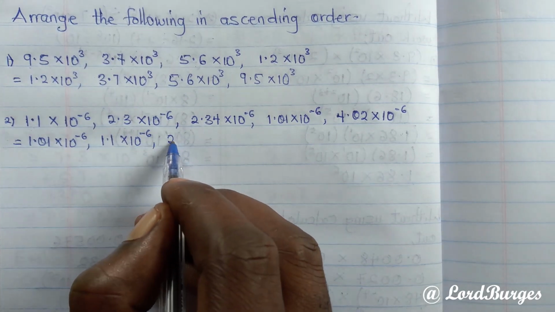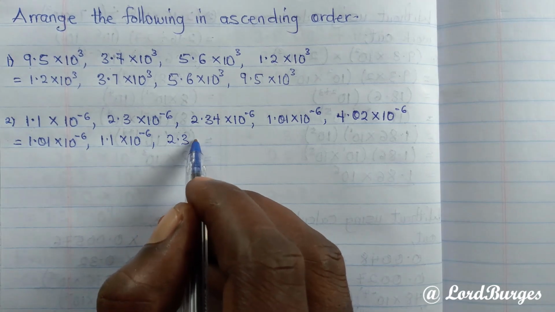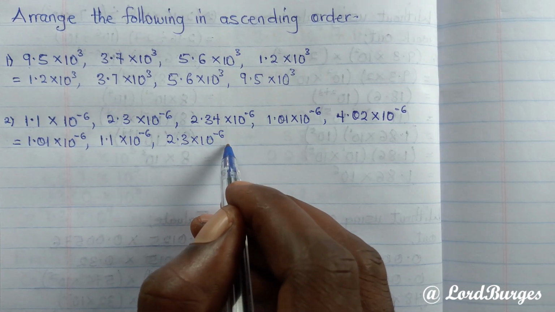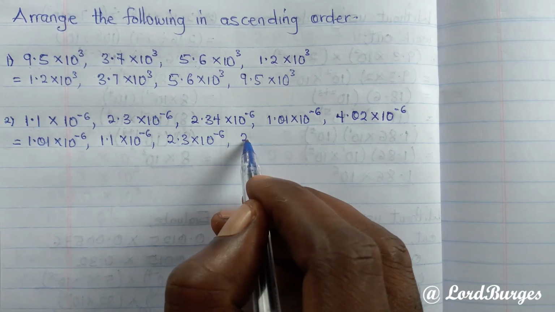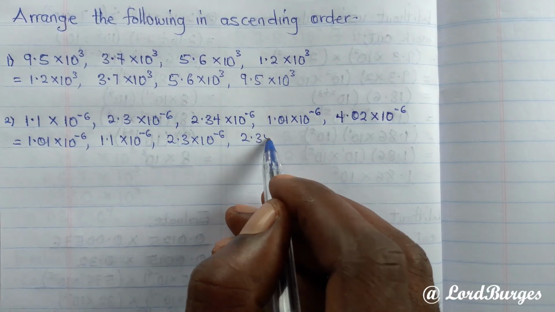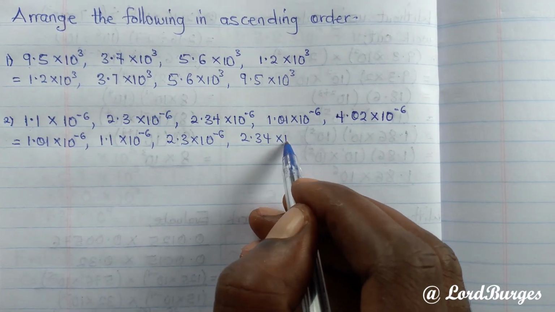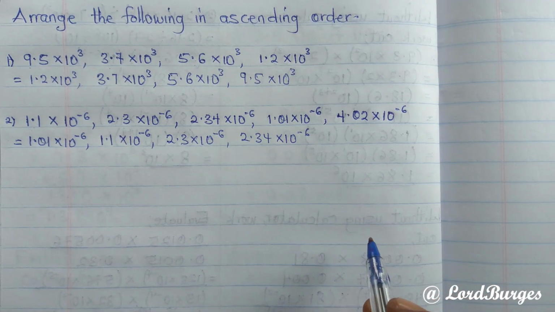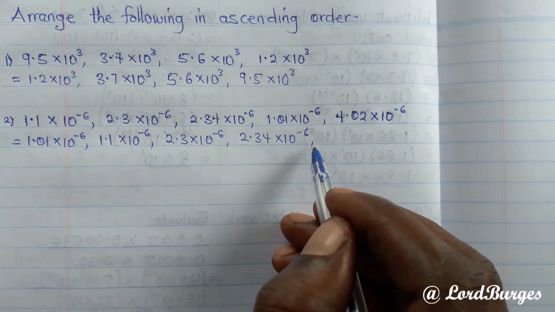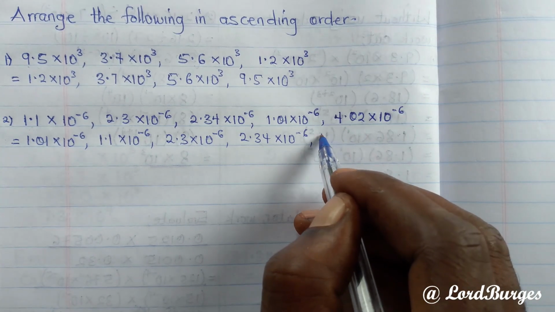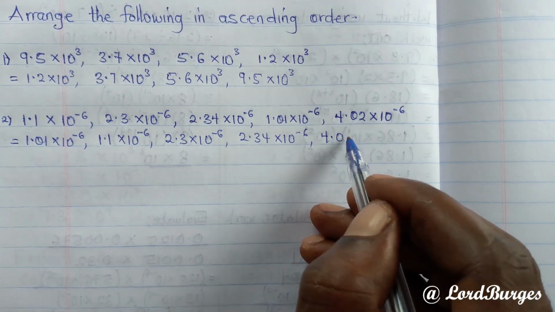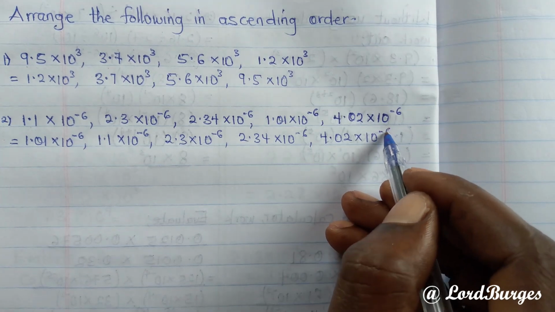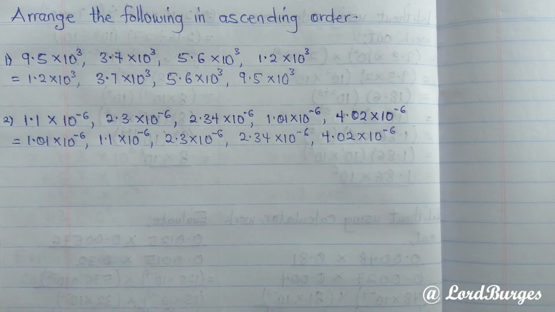So the next becomes 2.3 times 10 raised to the power negative 6, followed by 2.34 times 10 raised to the power negative 6. Then the last one becomes 4.02 times 10 raised to the power negative 6.